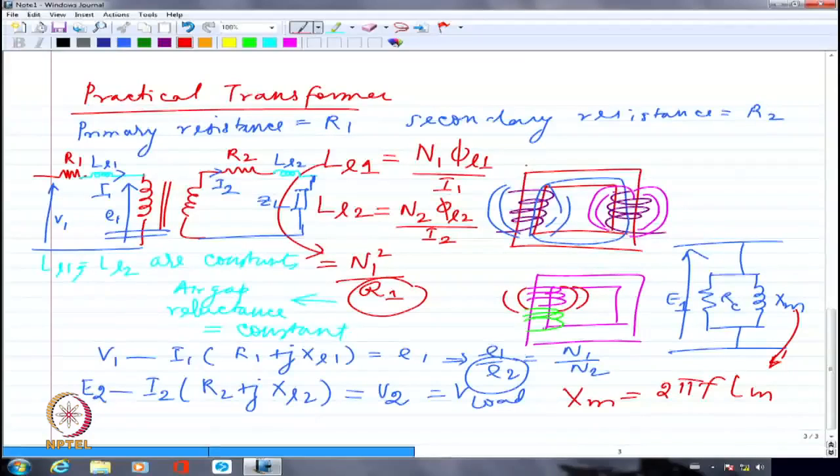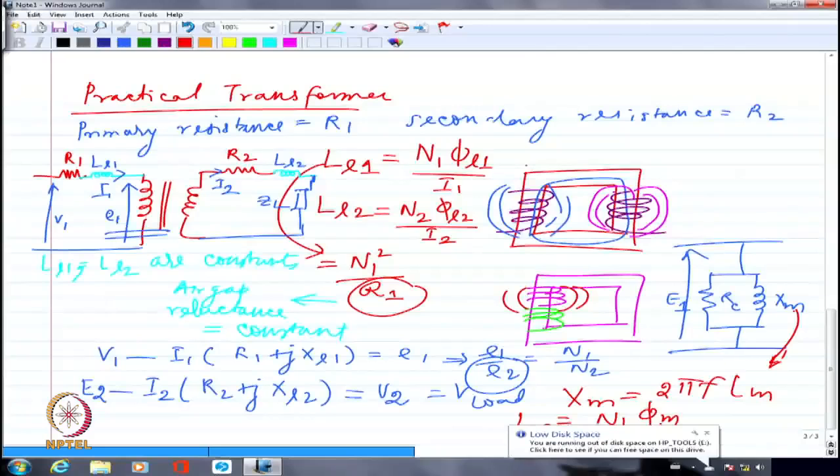I can definitely write this, because this was the original flux established when the magnetizing current itself was flowing. It's not after I2 or I1 has come into the picture. So I should be able to write this Lm as N1 multiplied by phi m divided by Im, the magnetizing current.